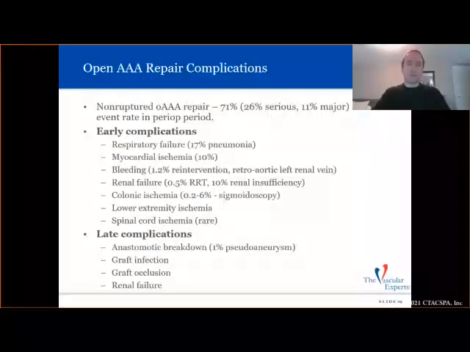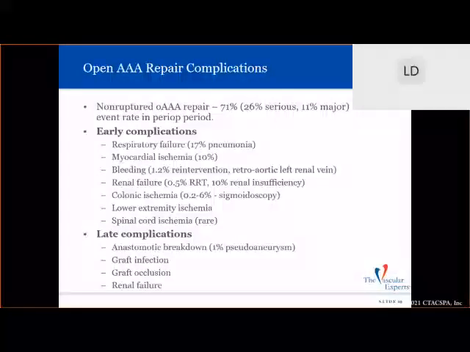Some of the complications, though, this is for non-ruptured aneurysms. For open repair, you can see there are some pretty major complications here, which is why there is such a big push for endovascular repair. Respiratory failure, particularly pneumonia, is the largest complication. Traditional teaching was the patient's intubated for 3 days during their recovery, and that's no longer the case.